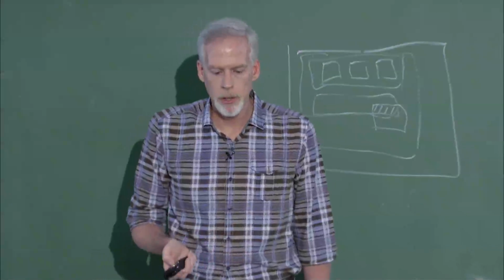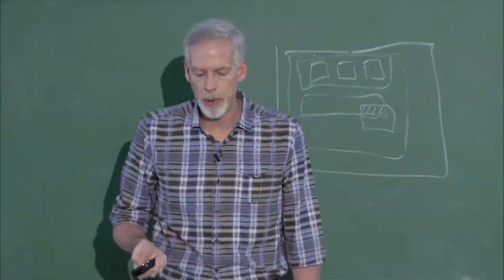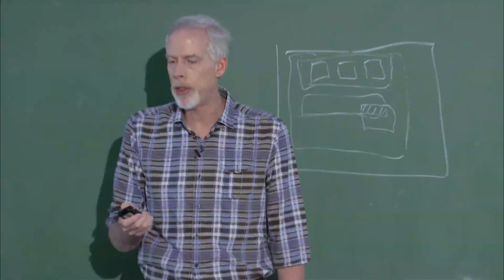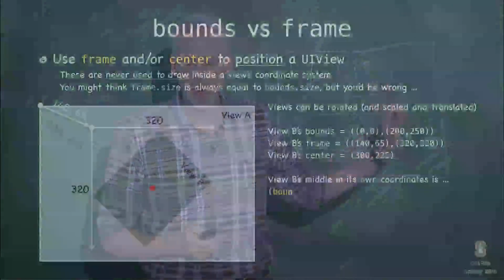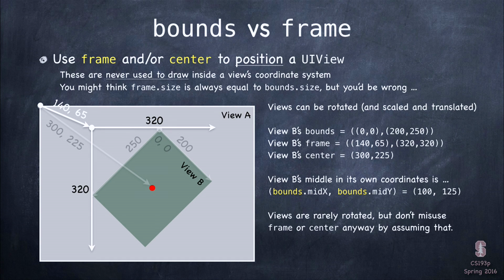All right. So one thing about frame and center, you might think that the size and width are going to be the same for the frame and center, but they're not, because views can be rotated. And if you had a rotated view, like view B, its bounds is 200 wide by 250 high. You see that? But look at its frame, 320 by 320. Why?